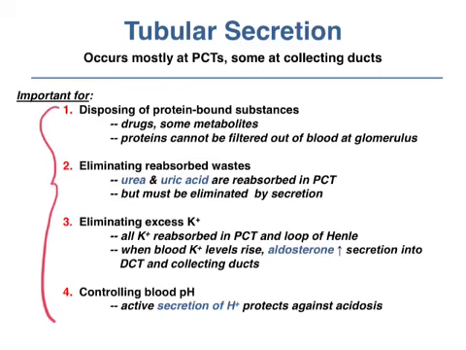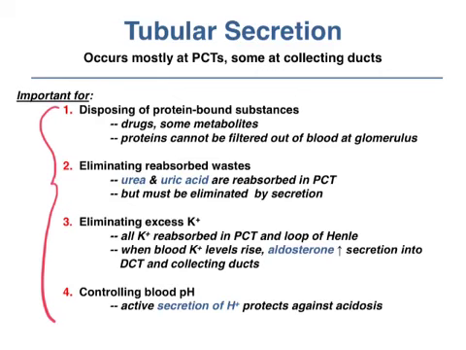Some reabsorbed waste, urea and uric acid primarily, are eliminated by secretion. So you get a lot of the urea and uric acid reabsorbed in the proximal convoluted tubule and then secreted later. Seems a little bit wonky why your kidneys would do this, but that reabsorption and resecretion of urea and uric acid actually allows your kidneys to control the osmolarity that helps with reabsorption of water.